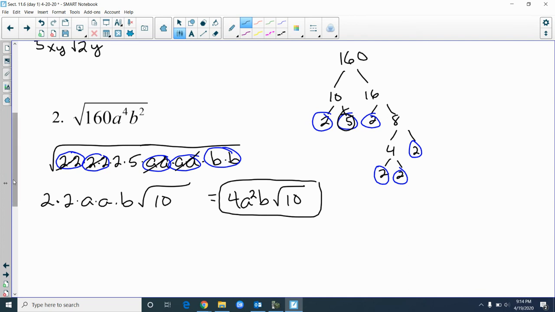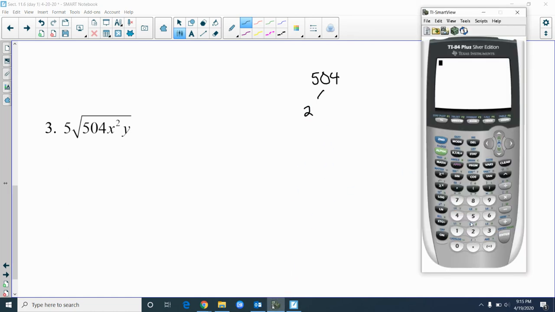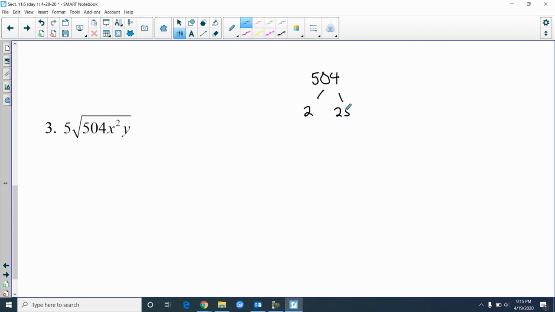All right, one more here. I do have a number on the outside, 504. All right, a bigger number there. And this one you're not that familiar with, but since it ends in an even number, you know that 2 has to divide into it. So if I take 504 divided by 2, I get 252.